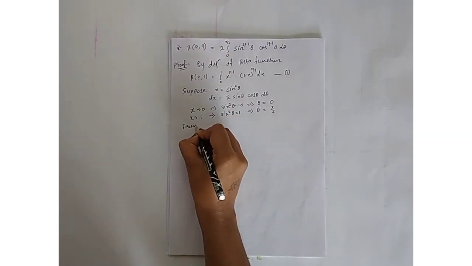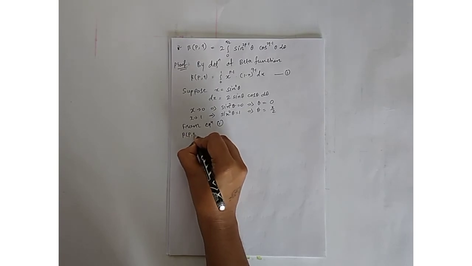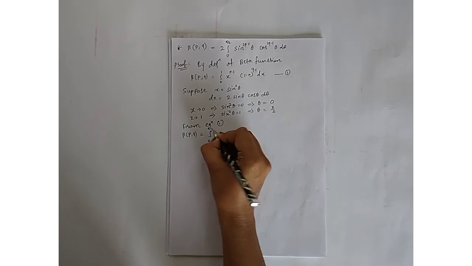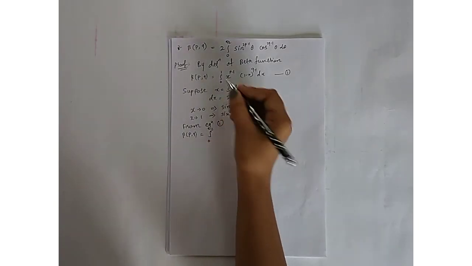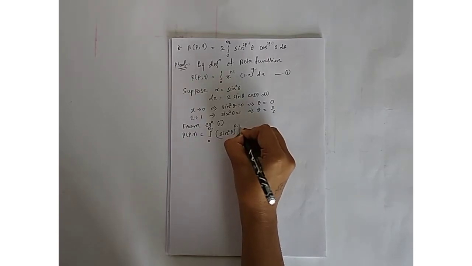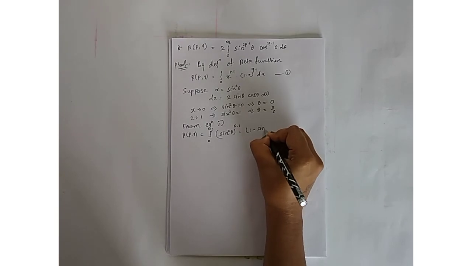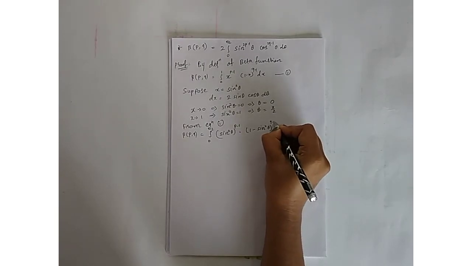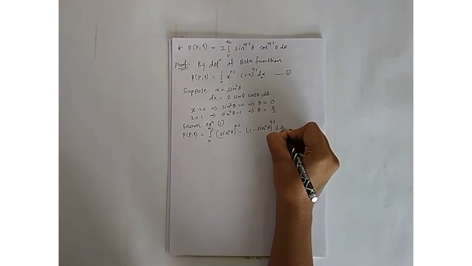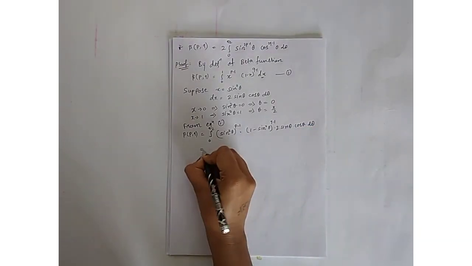From equation 1, beta(p,q) is equal to, with limit 0 to pi by 2, x is sine square theta to the power p minus 1 into 1 minus x, that is (sine square theta) to the power q minus 1... more precisely (cos square theta) to the power q minus 1, into the value of dx, that is 2 into sine theta into cos theta into d theta.